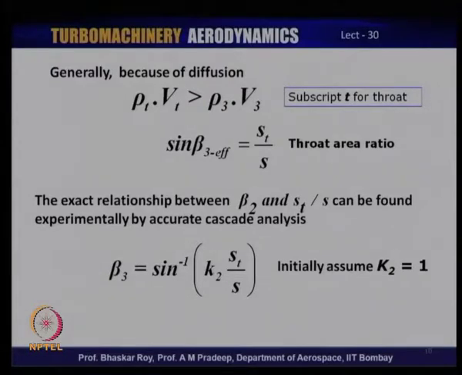You can find the cascade data bank to be helpful for getting some of these dimensions and flow features accurately decided, at least prima facie decided, before you embark on more involved CFD analysis. So, this is done by using beta 3 is equal to sin inverse k 2 into S t by S, where k 2 is a value which is initially assumed as 1 to get the value of beta 3 or beta 2 as the case may be.